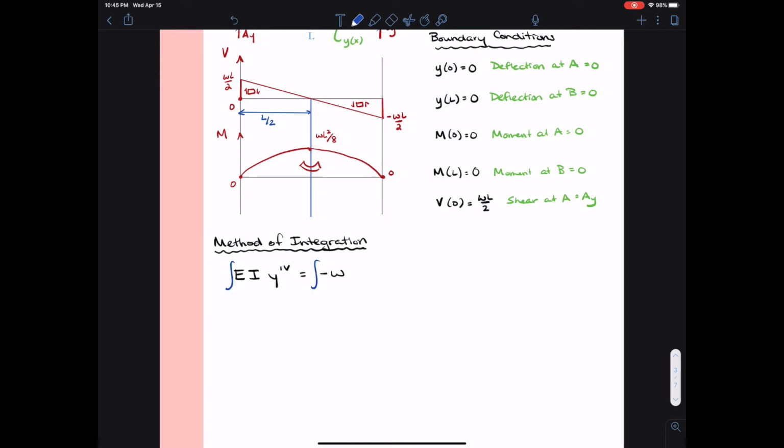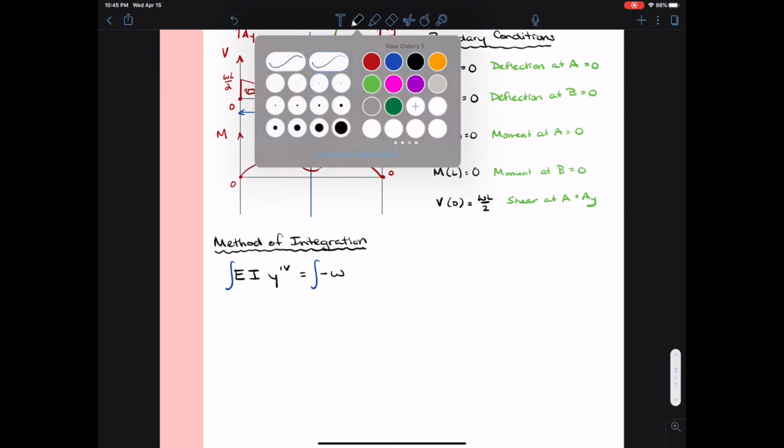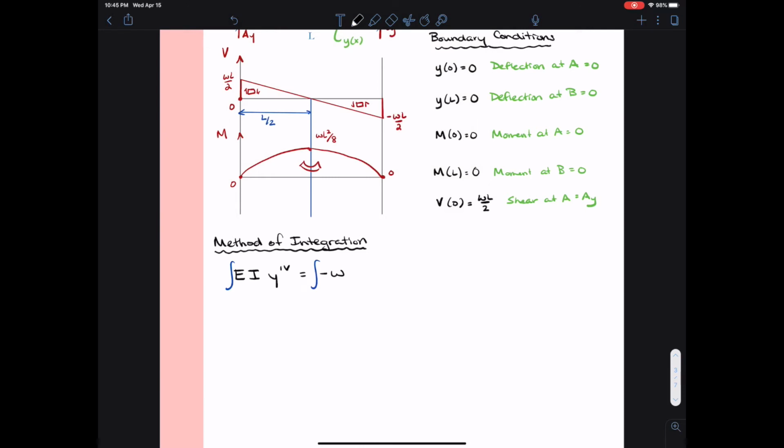I will integrate both sides of the equation. So that's now going to give me EI y triple prime.